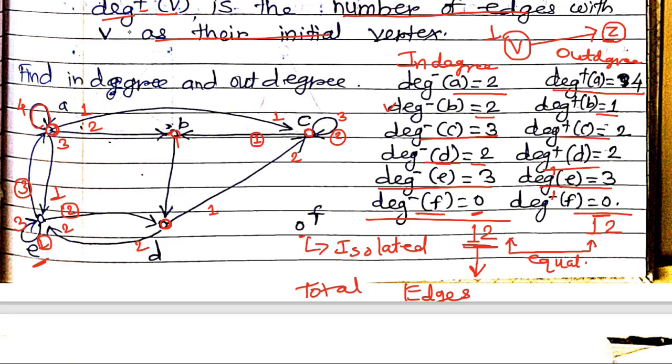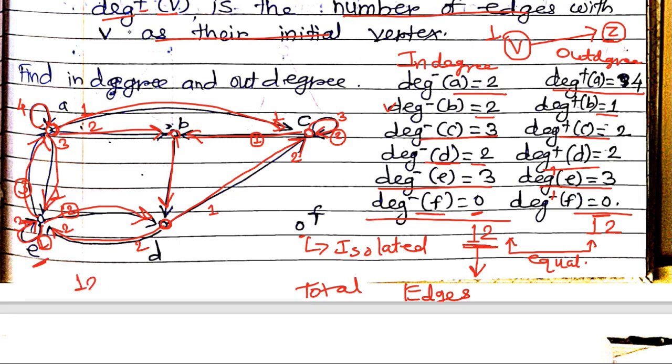This is first, this is second, I am highlighting with red color, this is third, this is fourth, this is fifth, then from B to D 6, from D to C 7, from D to E 8, from E to D 9, the loop at E is 10, from E to A 11, from A to E again is 12.